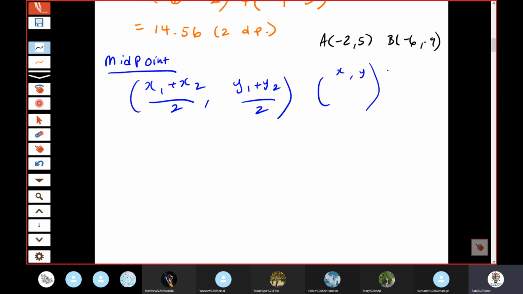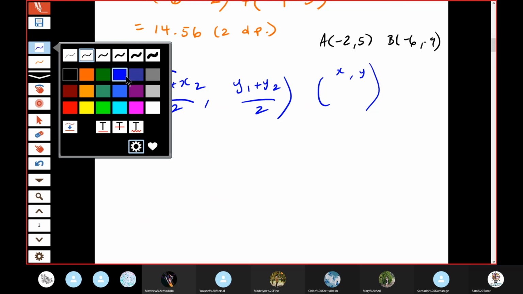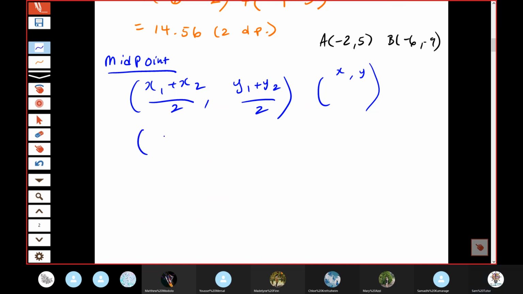All right, Matt, why don't you try it again? Midpoint. All right, Matt, come on. x1 plus x2. So it'd be minus 2, plus minus 6, would it be? Correct. Divided by, over 2, comma.